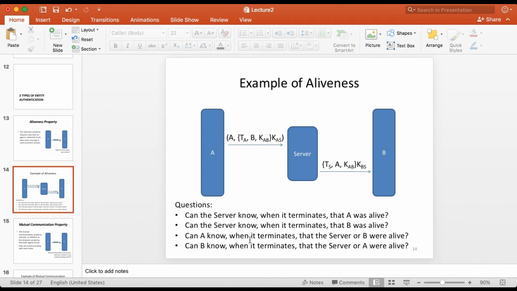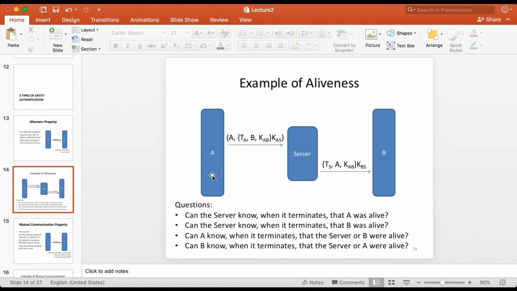Now, can A know when it terminates that either the server or B is alive? The answer is no. The reason is that A talks to the server and doesn't talk to B at all. On the other hand, the server never talks back to A, and B never talks back to A either.